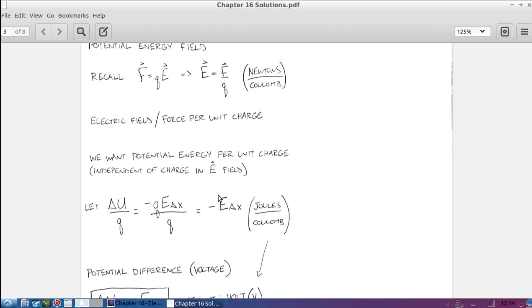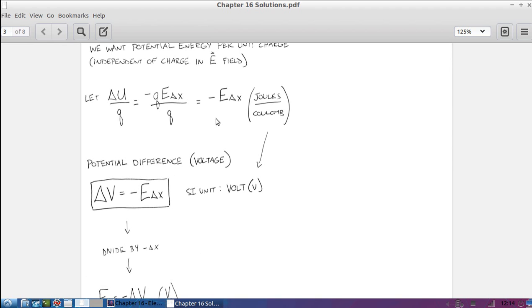Okay, this is in joules per coulomb. Our gravitational potential energy field was joules per kilogram. This is joules per coulomb. So I don't have a charge in between the plates, but I do have a potential energy field.